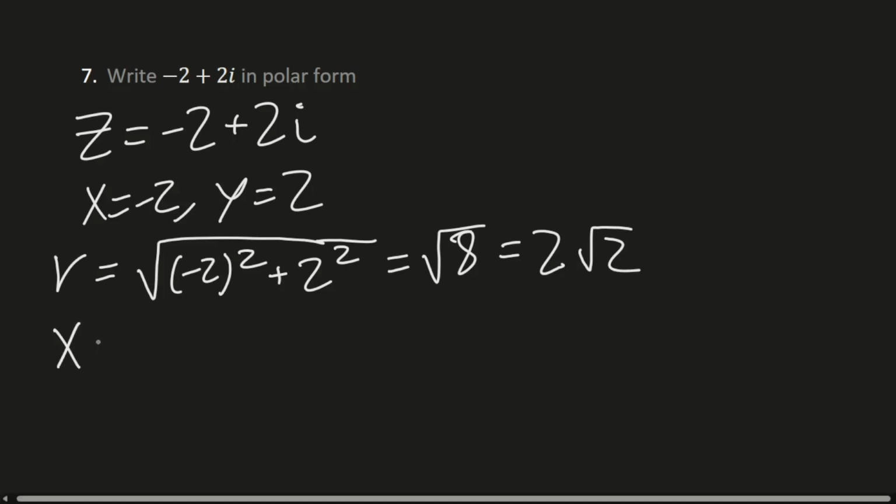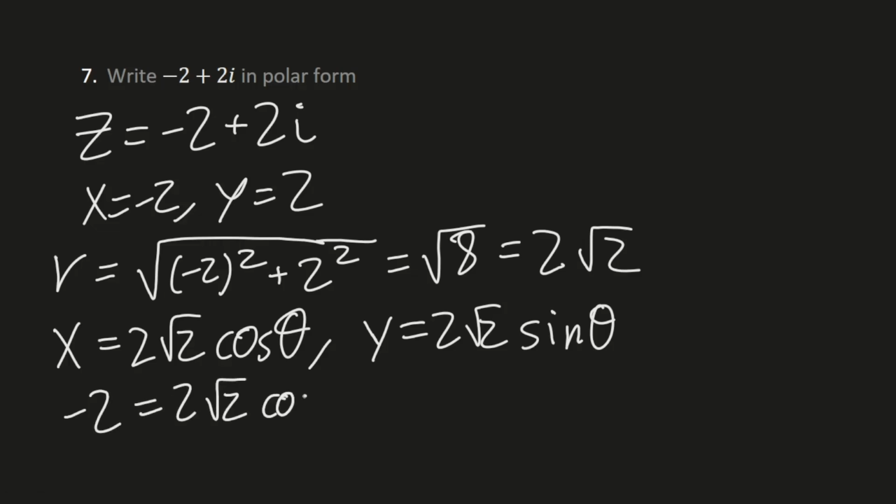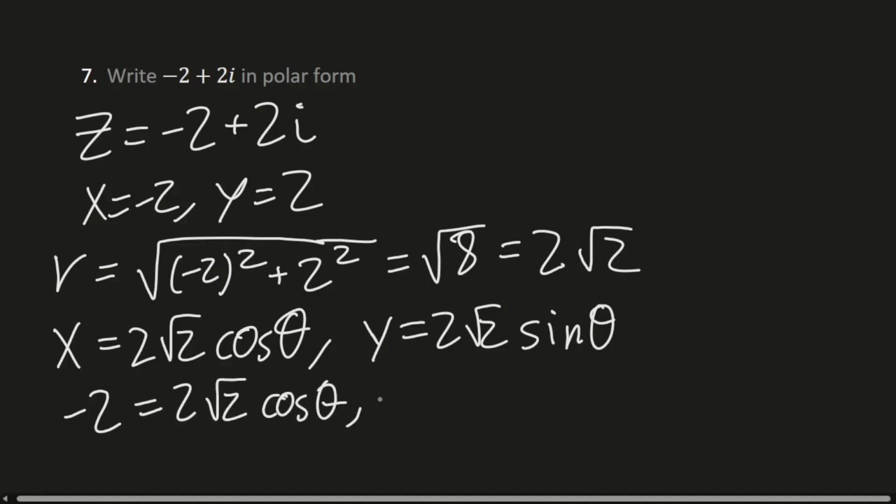x is equal to 2 times the square root of 2 times cosine of theta, and then y is equal to 2 times the square root of 2 times sine of theta. So x is negative, so it's negative 2 is equal to 2 times the square root of 2 times cosine theta, and then for y it would be 2, so it's just positive 2. And then we simplify that out.